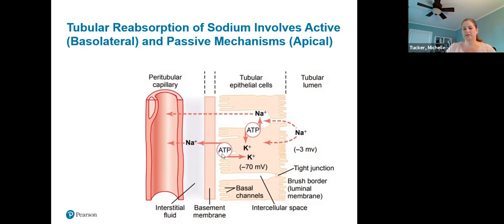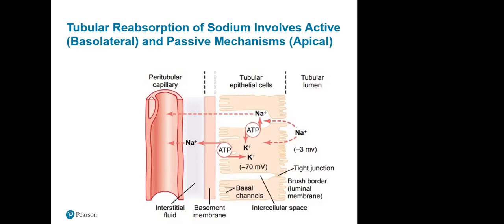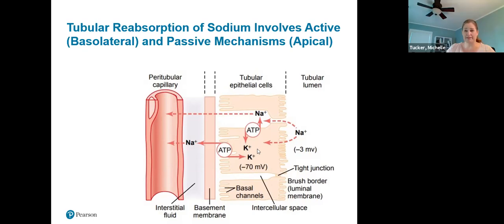When it's doing this, if we're taking sodium out of the tubular cell, is the sodium concentration going to get higher or lower? The concentration in the interstitial fluid or in the tubular cell? In the tubule cell. Lower. Lower, very good.